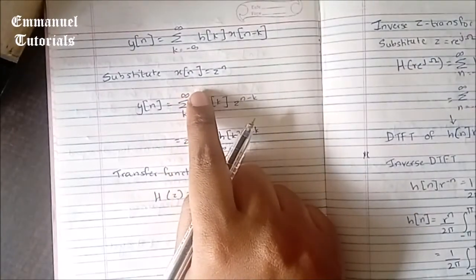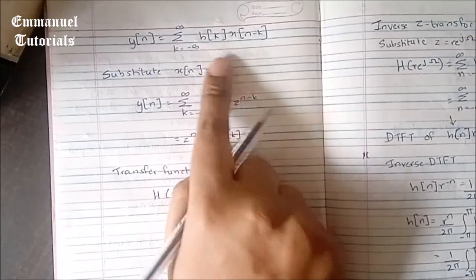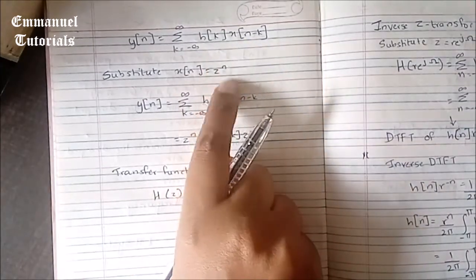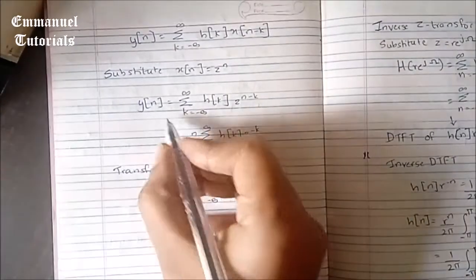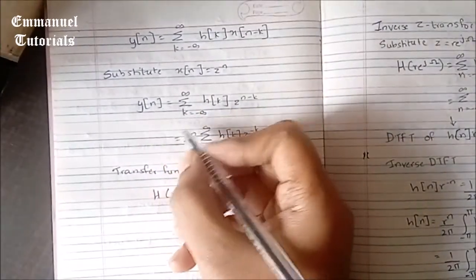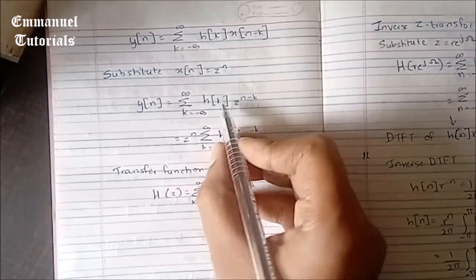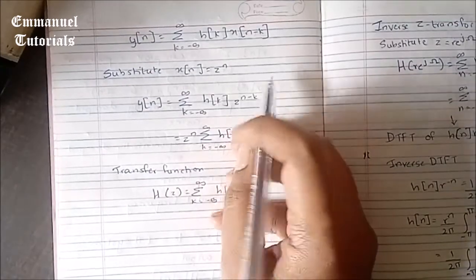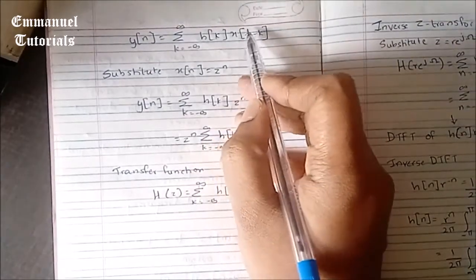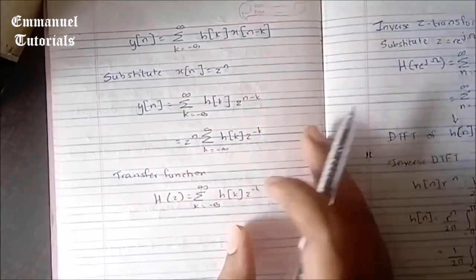Now, you substitute x of n is equal to z raised to n in this equation. You know that input x of n is z raised to n, so you can just substitute it. What you'll get is y of n is equal to summation k running from minus infinity to plus infinity h of k into z raised to n minus k, because we are just going to replace n by n minus k in x of n minus k.